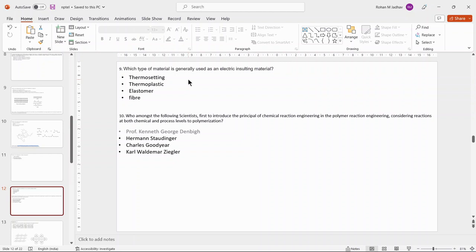Mainly, all the electrical appliances around you use thermosetting polymers as their insulating material, since the flow of current generates a lot of heat, and that heat can only be offset by a thermosetting plastic, because it is made for resisting that kind of temperature. That's why all the electrical insulation is done with thermosetting plastic.